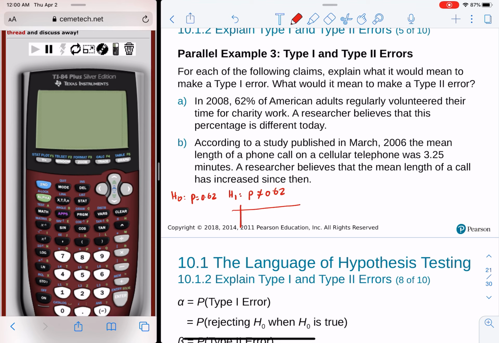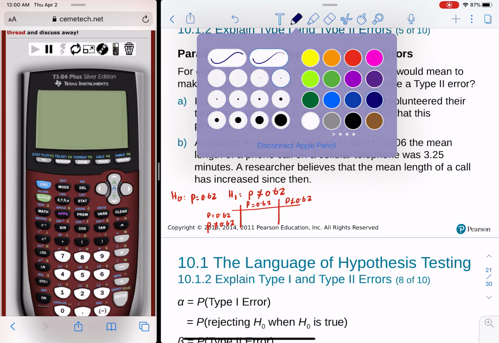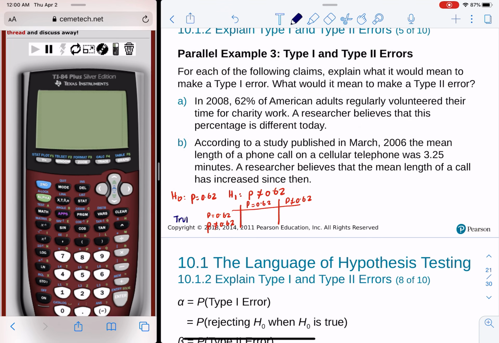So we write the null and the alternative, likewise the null and the alternative. So let's say that the truth is in the rows. The decision made by the test is in the columns.